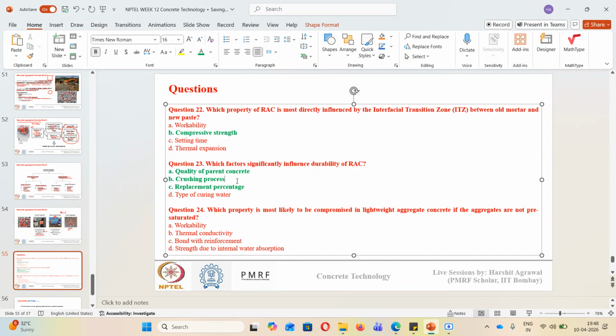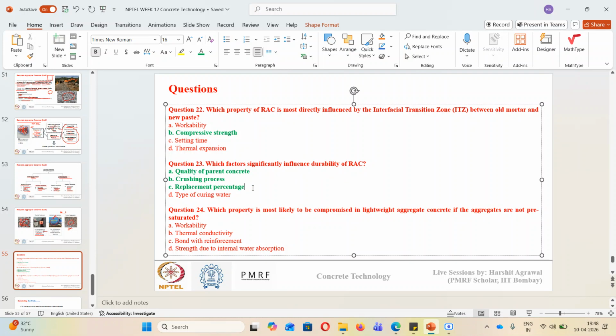The crushing process defines whether we are cracking the aggregates or just removing the adhered mortar. If we are crushing aggregates a lot, we'll weaken the aggregates and crack them, which can affect the durability of recycled aggregate concrete.